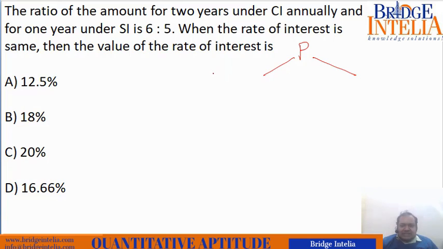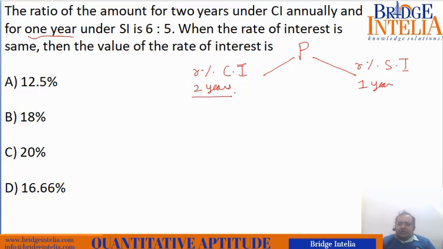Either you invest it at CI, rate is R% for both the cases, here the time is 2 years, or you can invest the same amount at R% simple interest but for 1 year. So this one for 2 years and this one for 1 year. The total amount that you are going to get in these two schemes is in the ratio 6:5. Total amount, not the interest.